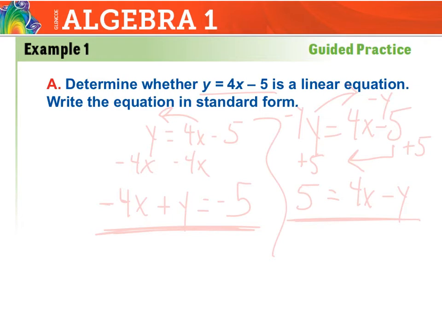Technically, these both mean the exact same thing. If you'd like to rewrite this as 4x minus y equals 5, that's probably even better, because now it really truly is in standard form, because we moved the equal sign over here to the end.